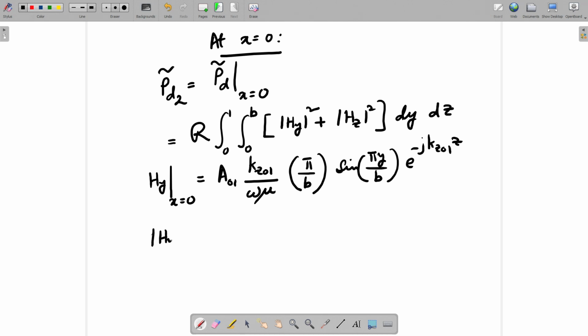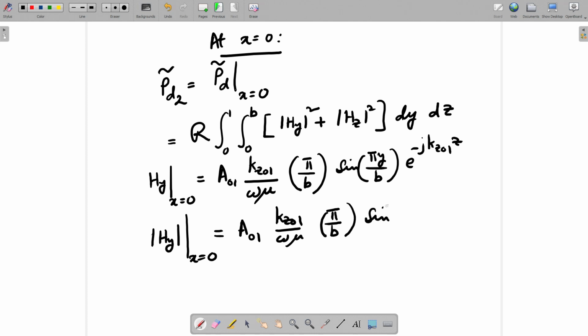Therefore, mod Hy at x equal to 0 will be everything other than the e to the power minus j kz01 z term, because its modulus is 1. So, A01 kz01 by omega mu, pi by b, sin pi y by b.